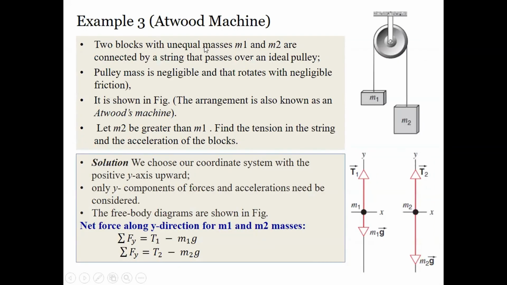This example is about the Atwood machine, and this machine is a very simple thing, and it has a unique application in well-known elevators, and in many cases where you want to pull water from a well, or you have a system in which you are using pulleys and carts to drag mass.